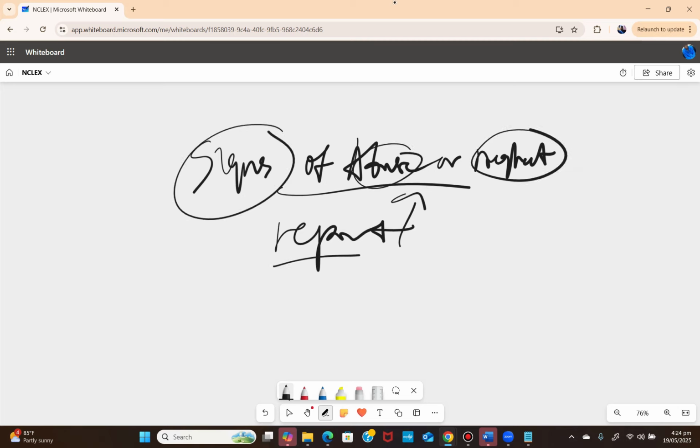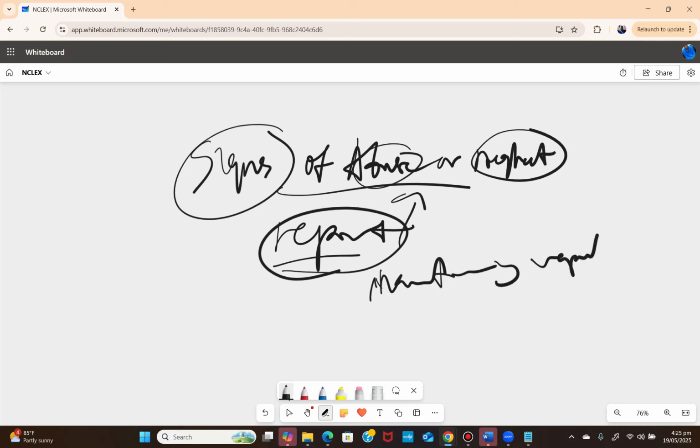That is the main reason why NCLEX wants us to know the signs, so that when they present a particular sign that looks like abuse or neglect, we know we need to report it, because this is part of mandatory reporting, very important for the NCLEX exam, right? The moment you suspect it, you need to report.